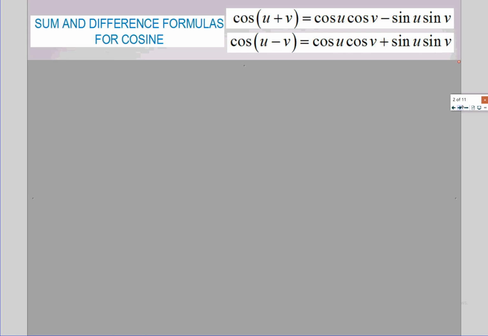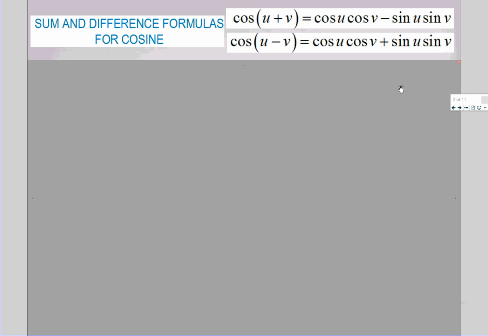But 15 is 2 of the values on our unit circle subtracted from one another: 45 minus 30, for example. There are a lot of different ways to do it. You could do 150 minus 135, which would also give you 15. If you can add or subtract 2 values on your unit circle to get a new angle, you can use a sum and difference identity to evaluate that angle.